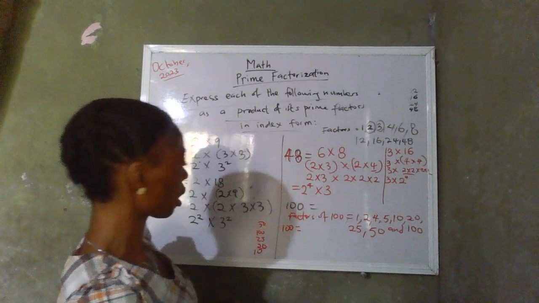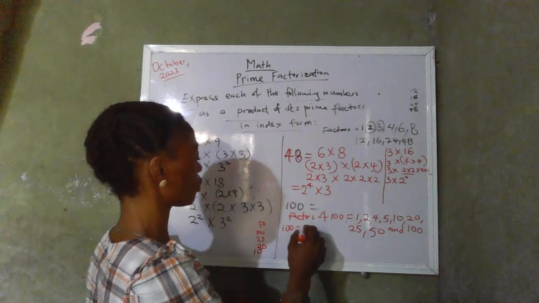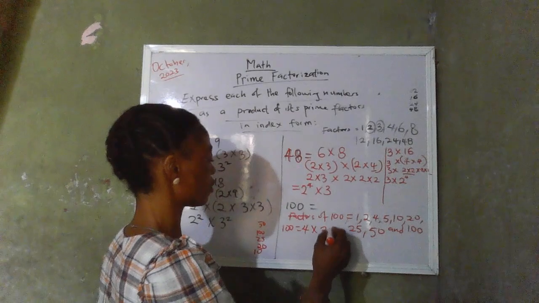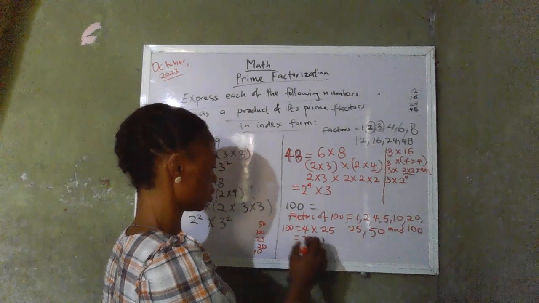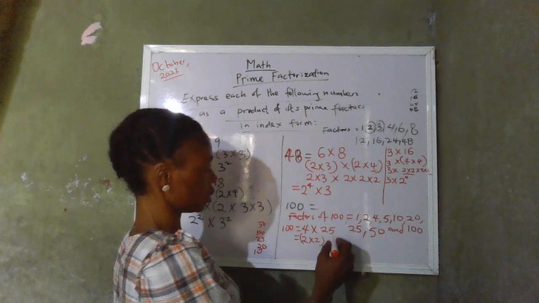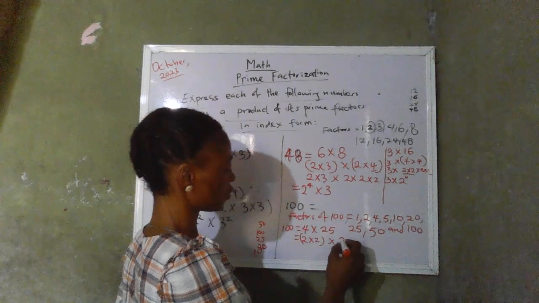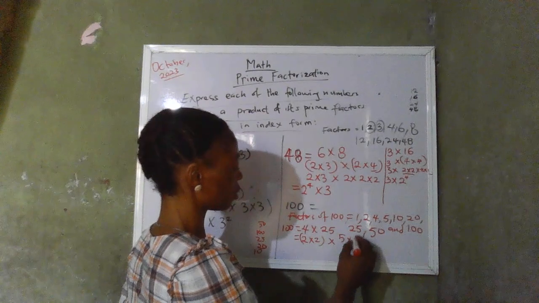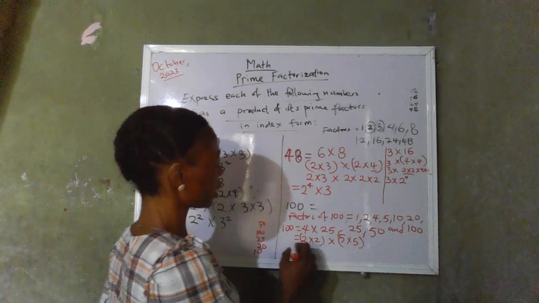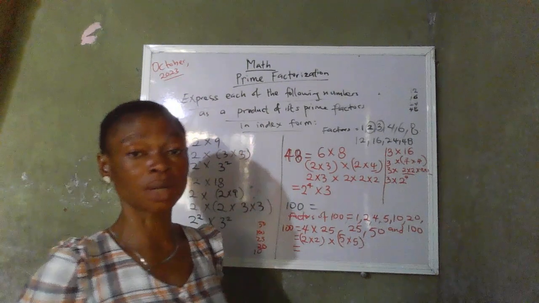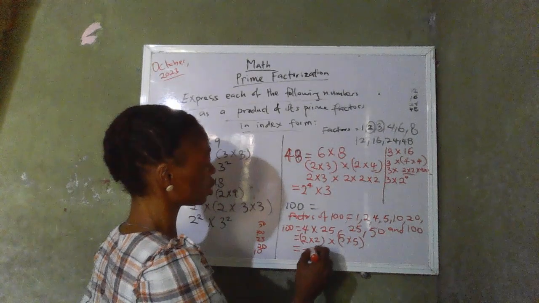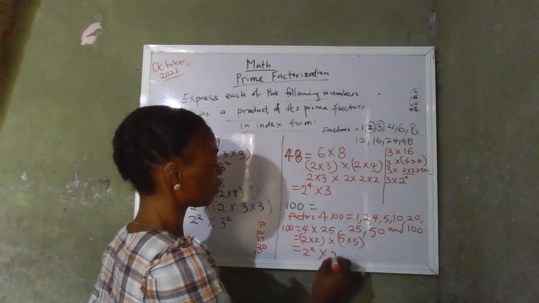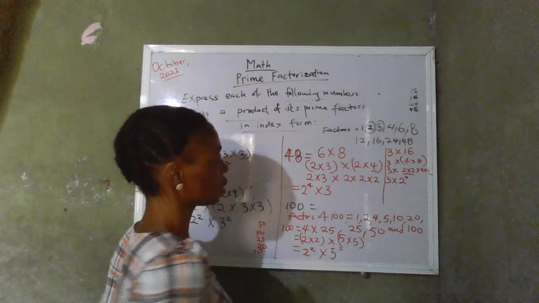Let's pick 4 multiplied by 25. Breaking 4 down, 2 multiplied by 2, and 25 is 5 multiplied by 5. So expressing 100 as a product of its prime factors, we have 2 raised to the power of 2 multiplied by 5 raised to the power of 2.